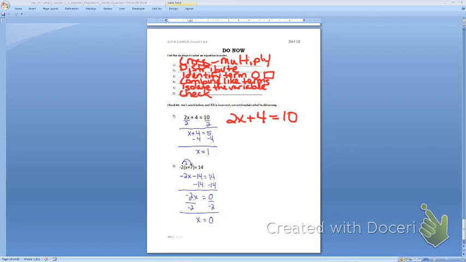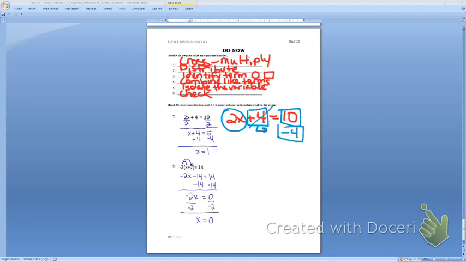I do need to identify my terms. So here's my variable term, a constant, and another constant. And I know that I need my variables and my constants on the opposite sides of the equation from one another, so I do need to move that constant to this side with the other constant.